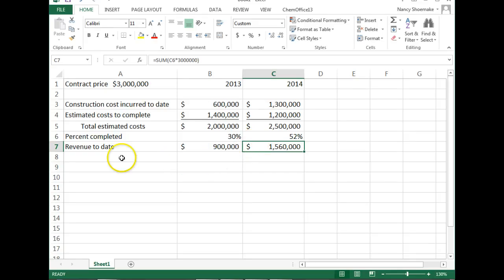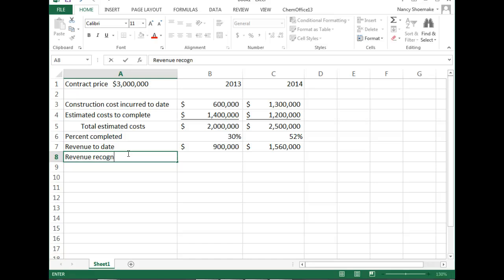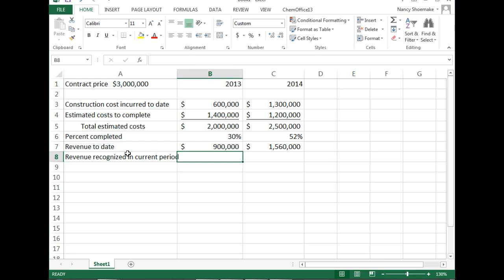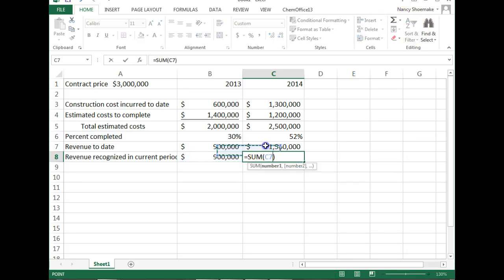So this year, revenue recognized in current period: if we've recognized $900,000 in revenue last period, aren't we going to recognize the difference between what we should be recognizing versus what we recognized in the prior period?